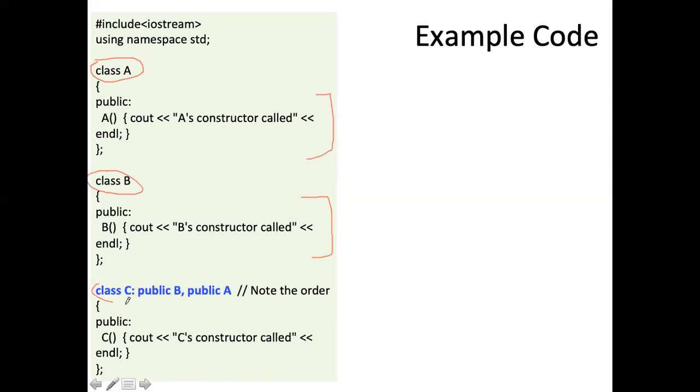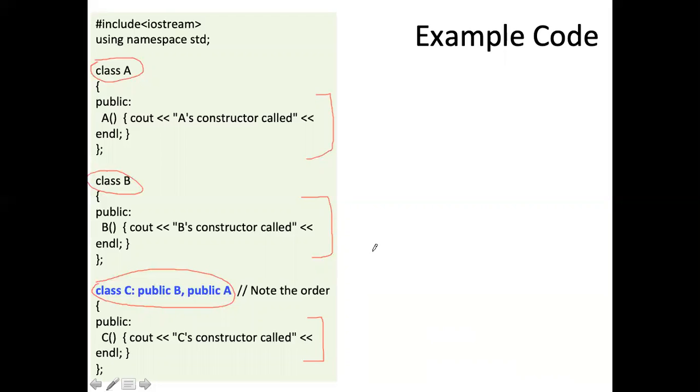Then we have the derived class C, and it inherits publicly from B and A. And you have the constructor for class C in this particular case.